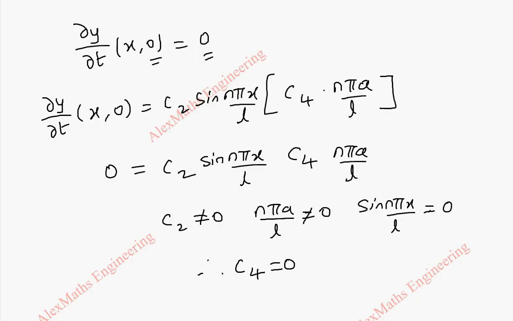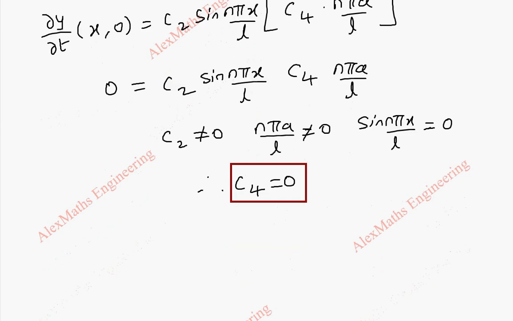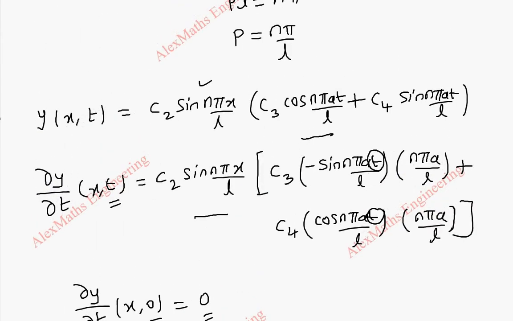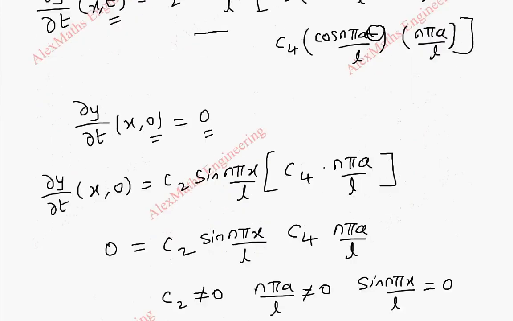So when I take c4 as 0 in our solution, we have y of x comma t equal to c2 sin n pi x by L, then c4 is 0, so only c3 into cos n pi at by L is remaining.